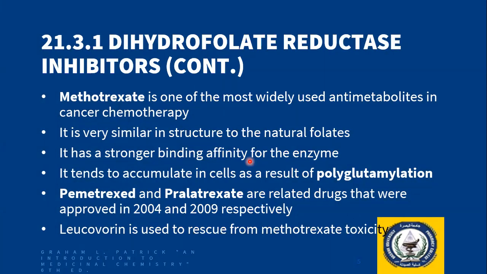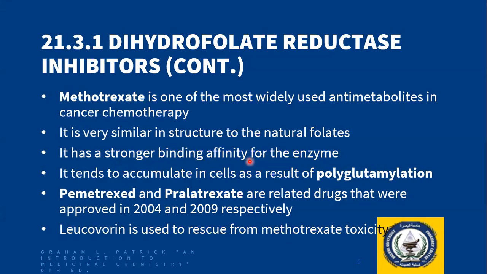Also, methotrexate tends to accumulate in cells as a result of polyglutamylation. And why is that important? Because folate also accumulates in cells as a result of this process. And this process is an enzyme catalyzed process. It basically adds a glutamyl group to the glutamyl group that is already found on the folate, or in this case, the methotrexate.